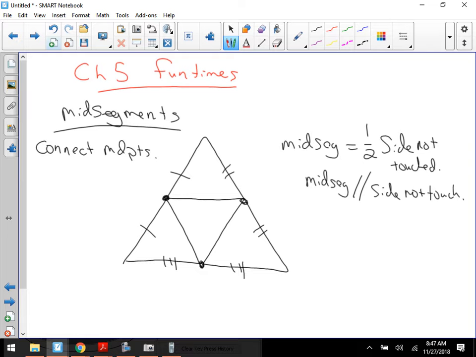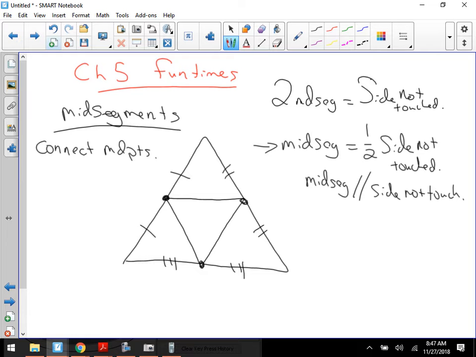And from there, this stuff was pretty simple. It was the idea, were you working with the actual mid-segment, or did you have the whole segment across from it? Did you have to cut something in half, or did you have to double it? Now, remember, instead of saying the mid-segment was half the side it doesn't touch, we also wrote it as if you double the mid-segment, it equals the side not touched.